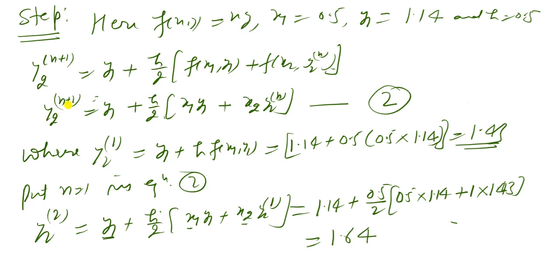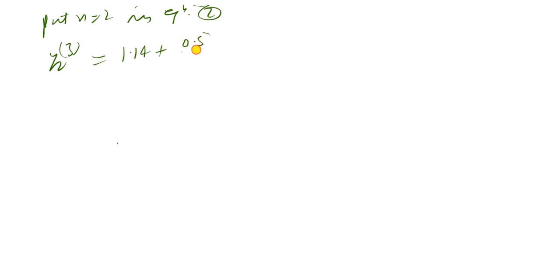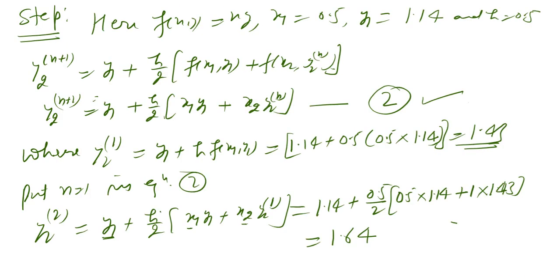Now put n is equal to 2 in equation 2, then we obtain y2 3. y2 3 is equal to y1 is 1.14, h upon 2 is 0.5 upon 2, x1 is 0.5, y1 is 1.14 plus x2 is 1 and y2 2, because here when we put n is equal to 2, this is y2 2, and y2 2 we computed as 1.64.